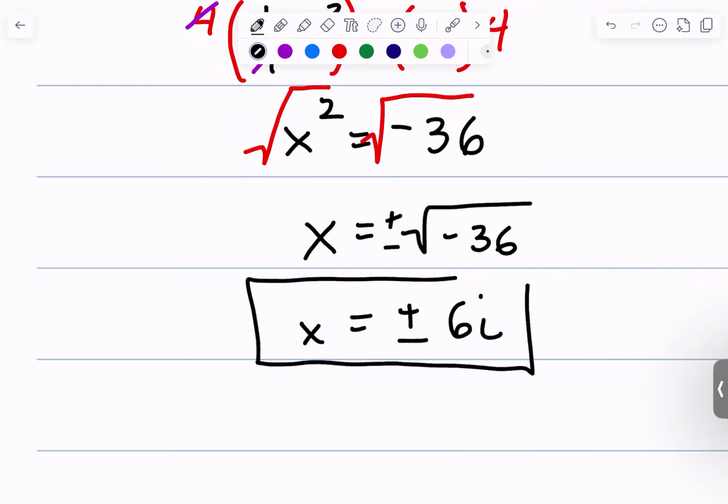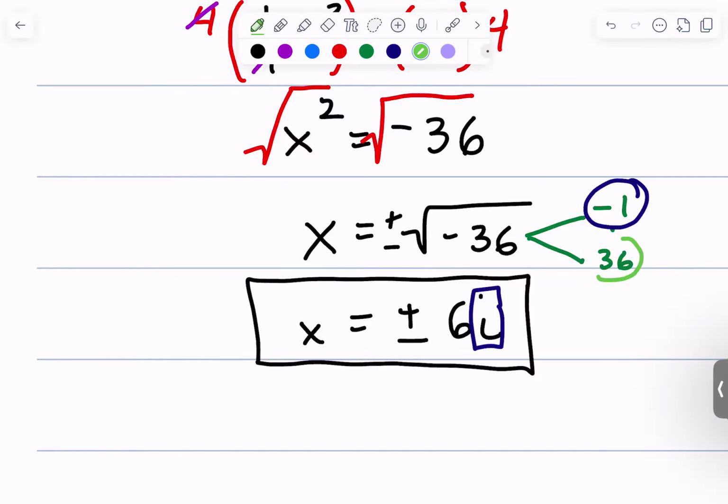We all understand how square root of negative 36 equals 6i. Yeah. Any questions there? If you do, negative 36 breaks out to be negative 1 times 36. Square root of negative 1 is the i part of it. And then square root of 36 is the 6 part of it. Okay? All right.